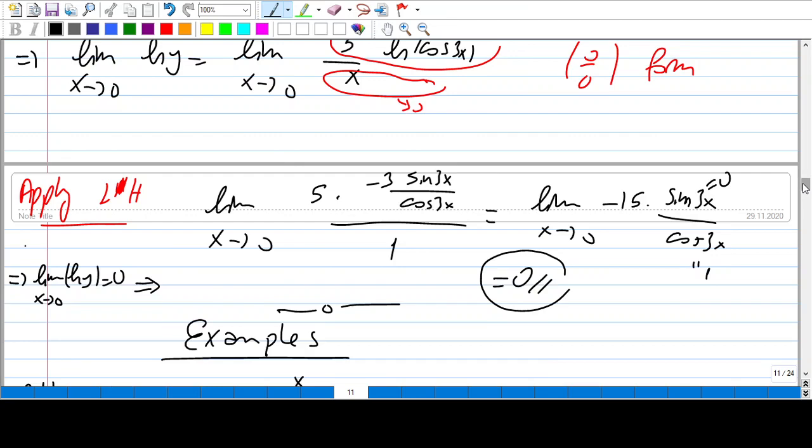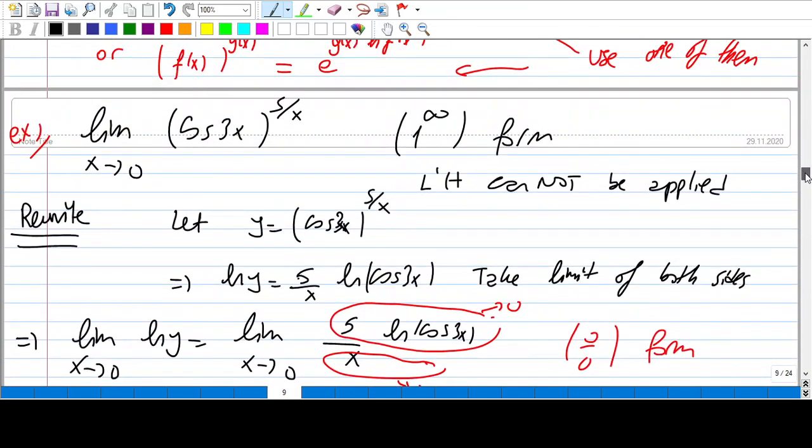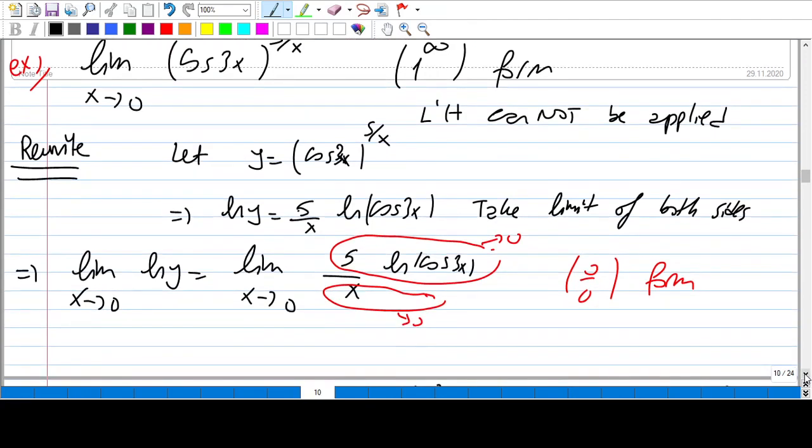So let us go back to the question. Okay, it's better to see it again. So this is our y. y is equal to cosine 3x to the power 5 over x, but we evaluated the limit of ln y. What is the limit of y? This is the question, in fact.